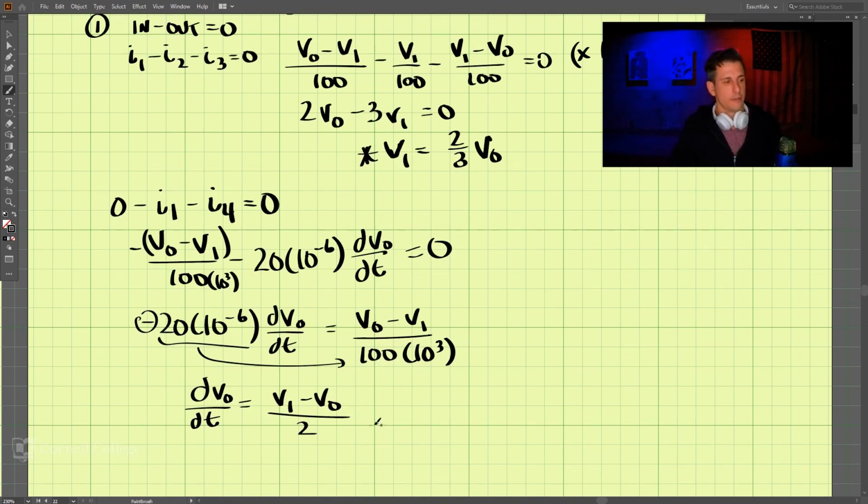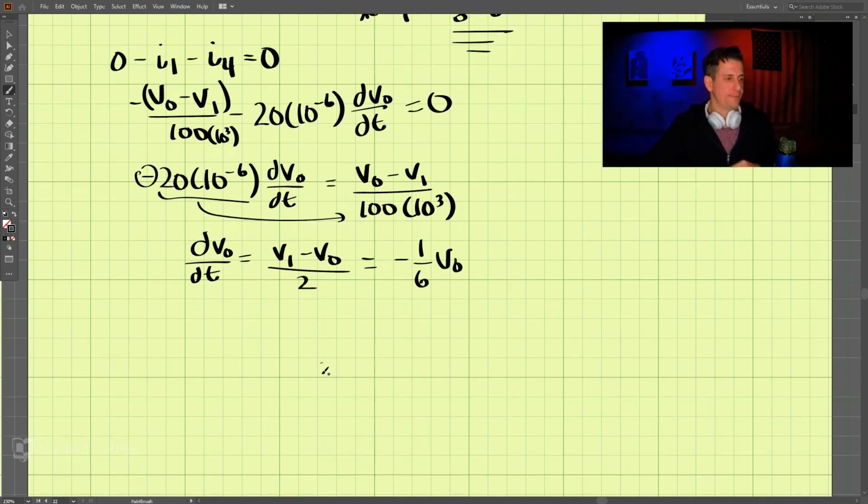So now let's substitute in this value. We know that this is 2/3 V naught. If we substitute that in here, this is going to be equal to negative 1/6 V naught.